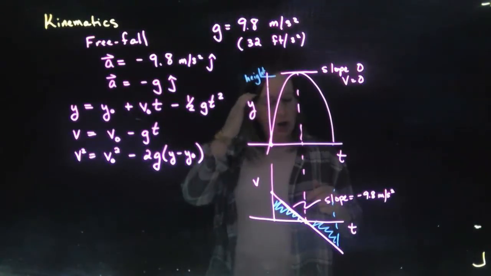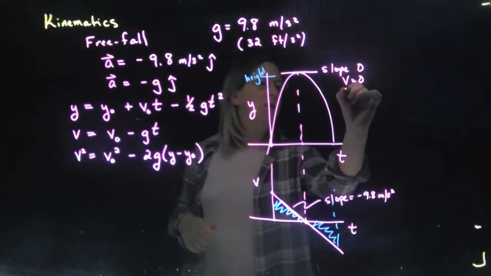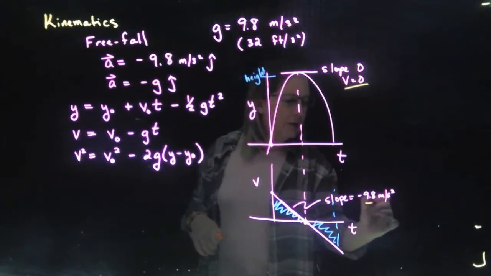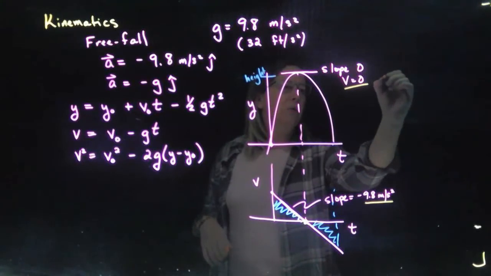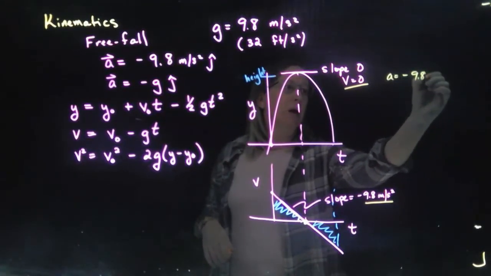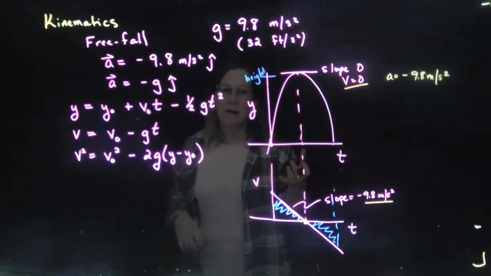Some other things to note here that I want to point out is even though we have v equals 0, notice at this point, the slope is still minus 9.8. So it's possible to have v equals 0 and our acceleration to be non-zero, to be minus 9.8 meters per second squared. And hopefully that makes some sense.